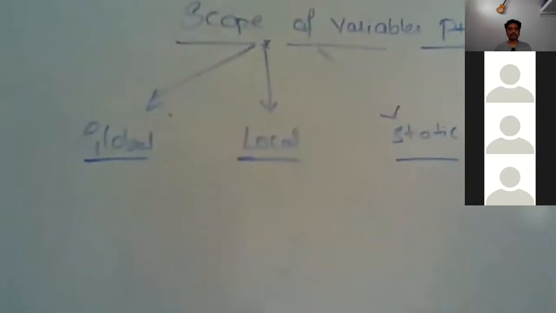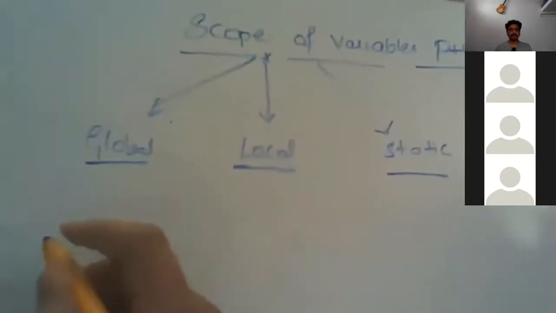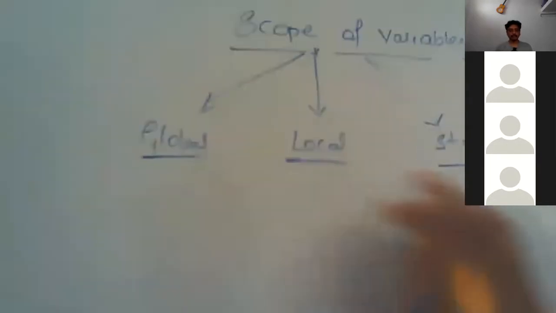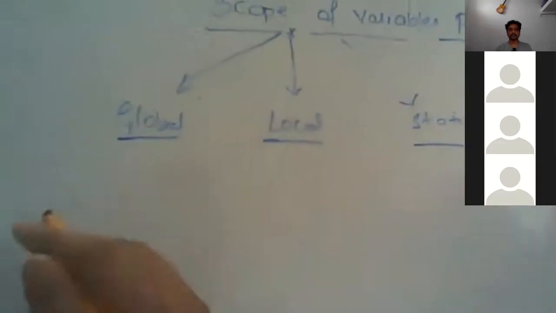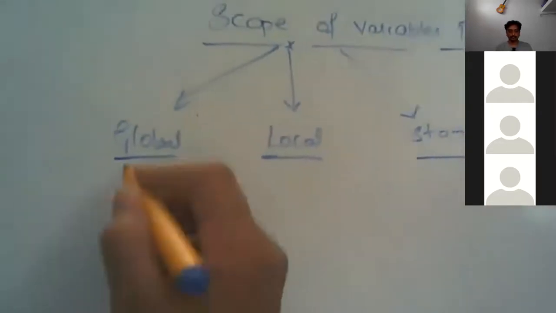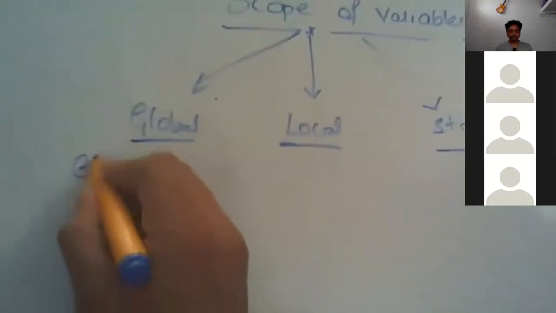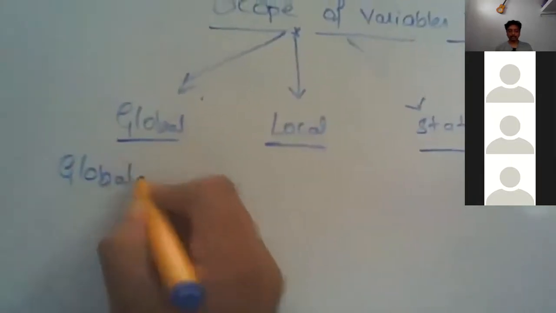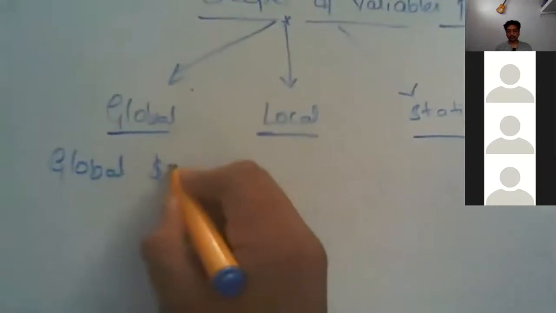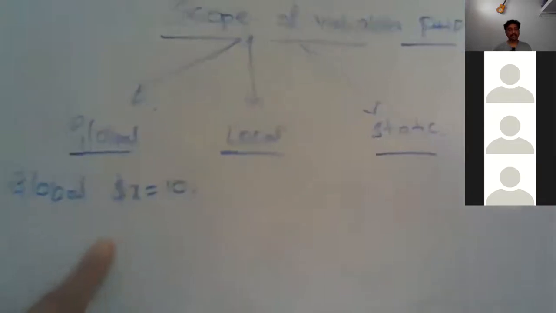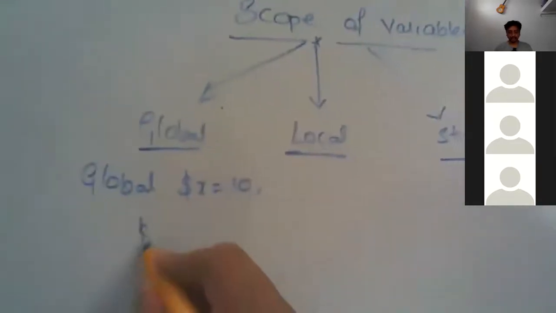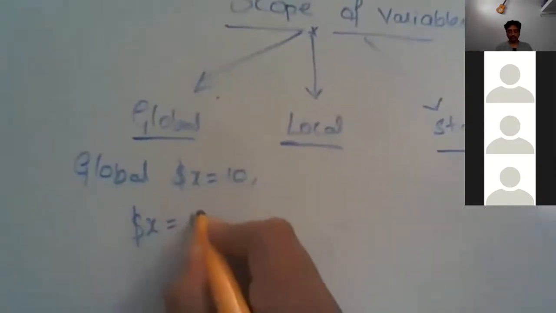If I start from the global, what does a global variable represent? The variable that we declare as a global variable, we can declare like this using a keyword called global: global $x = 10. Either you can declare it like this, or we can also declare it as $x = 10.